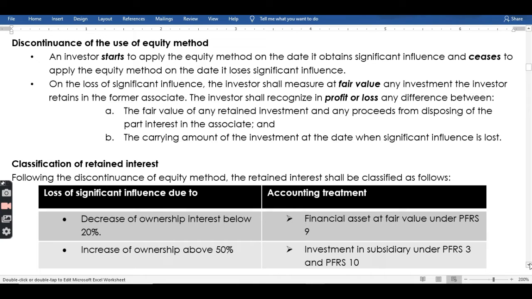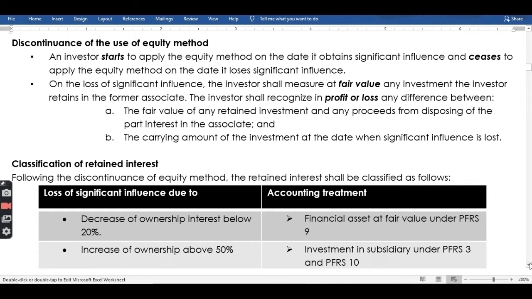So basically, kapag nag-increase yung ownership mo at magkakaroon ka na ng control over the entity, then hindi mo na siya associate. Magiging subsidiary mo na siya. So ibig sabihin, stop ka na sa paggamit ng equity method at gagamitin na natin yung provisions ng PFRS 3 at saka PFRS 10, okay, sa pagre-recognize ng ating investment. Okay? So kasi magiging subsidiary na siya.